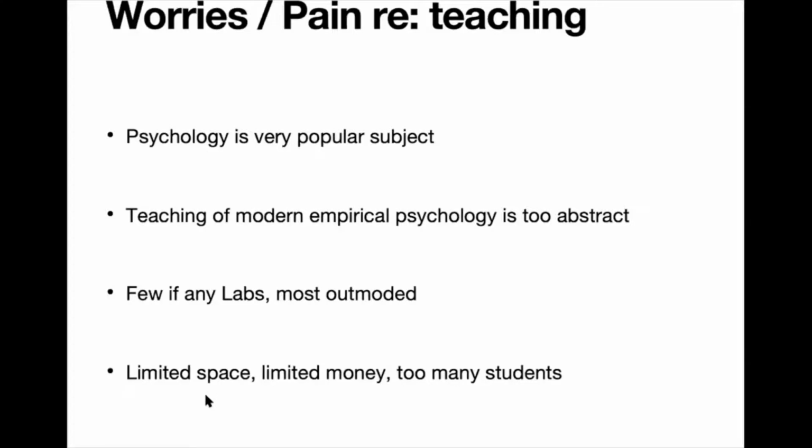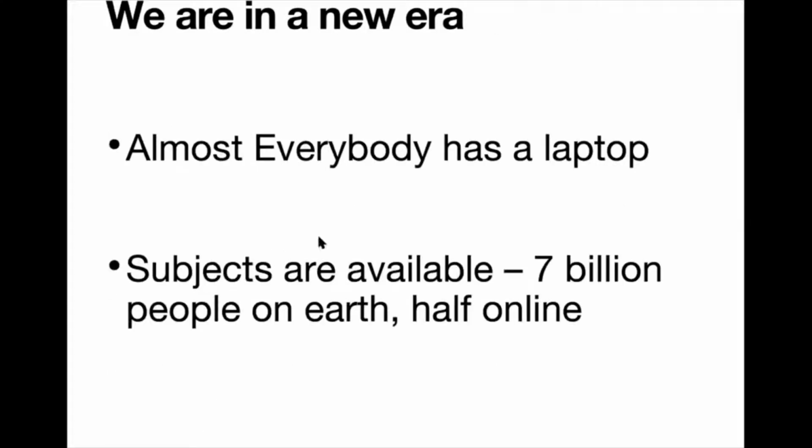Okay, next slide. Well, everything is kind of different now because everybody's got a laptop, and there are almost 7 billion people on the earth now, and a lot of people are online, so getting subjects isn't particularly hard anymore. You can call your grandmother or your mother if you're an undergraduate, and you can do all kinds of things. One student of mine is from Bangladesh.